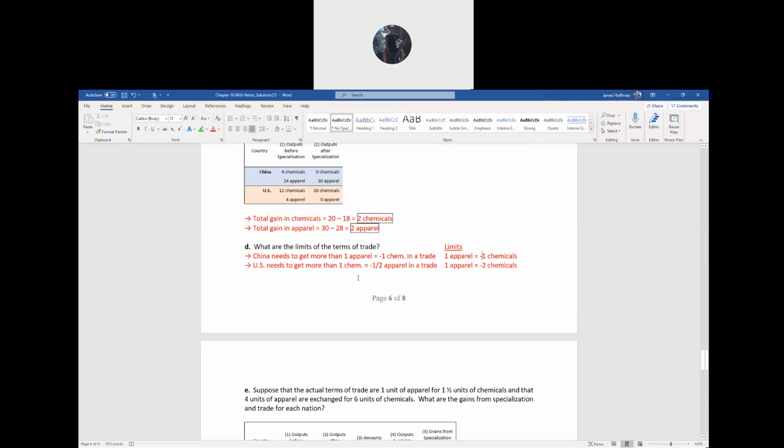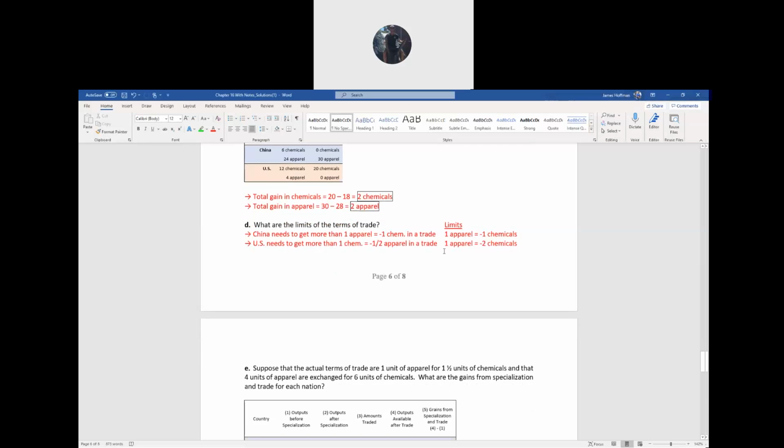All right, and let me just do it one more time in terms of the other good, so that it doesn't matter which good you put it in terms of, it's the same thing.